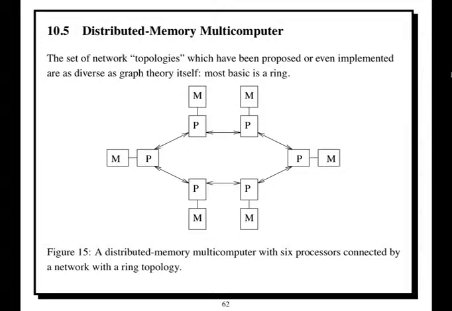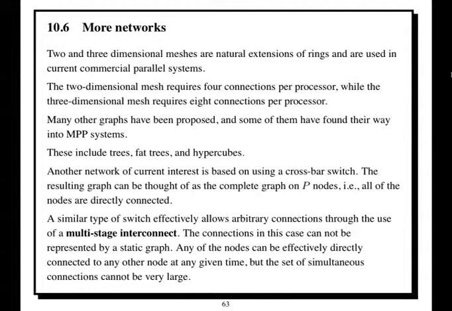You just put things around in a circle. When you do a 2-dimensional mesh, you can wrap around and then you get a torus, and you can have a 3-dimensional torus that wraps around. But other graphs have been proposed. Hypercubes were used commercially very early on, and those remained viable for a long time.